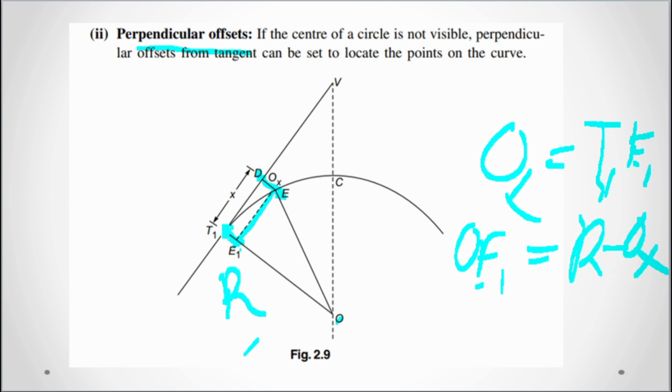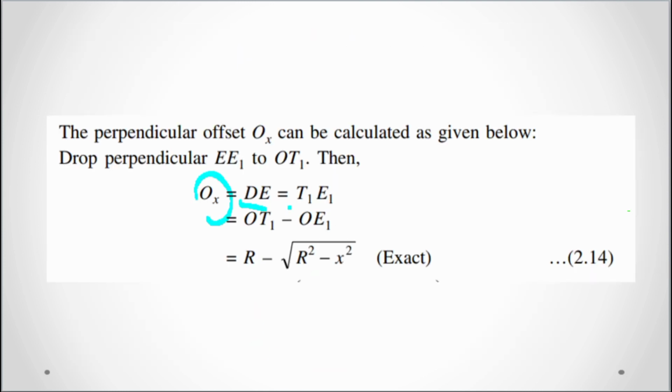The offset is the distance between T1 to E1, and that is what has been done here. So by subtracting that, we'll get our distance.